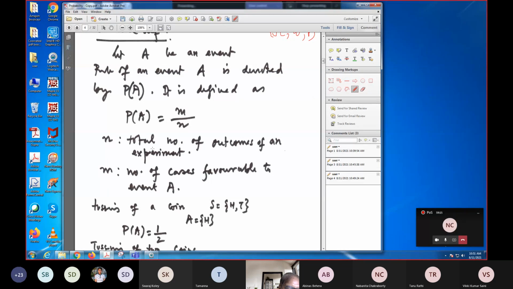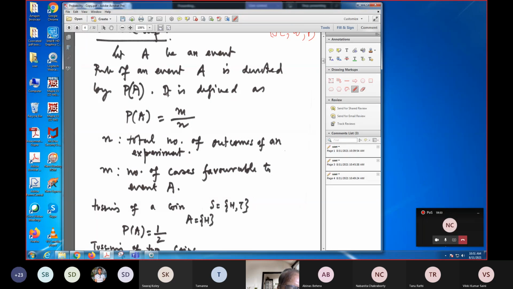So N is the total number of outcomes of an experiment. As I told you, here we are considering those experiments where all possible outcomes are known well in advance, except the actual outcome. So the denominator is clear.